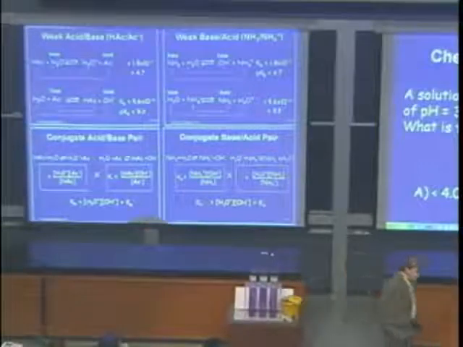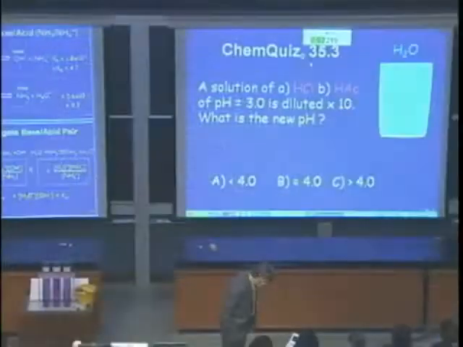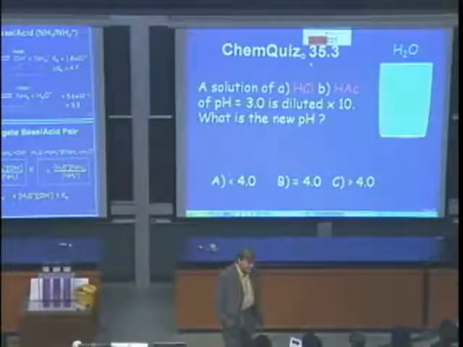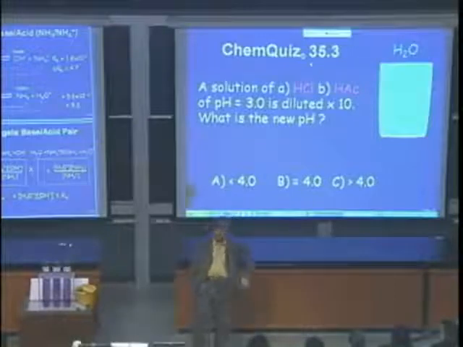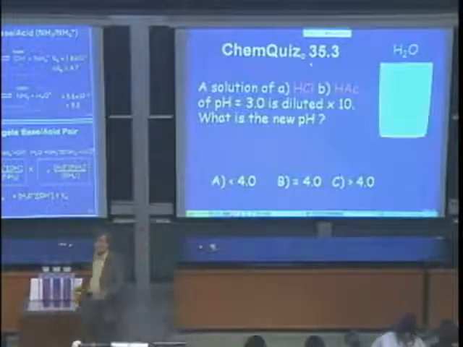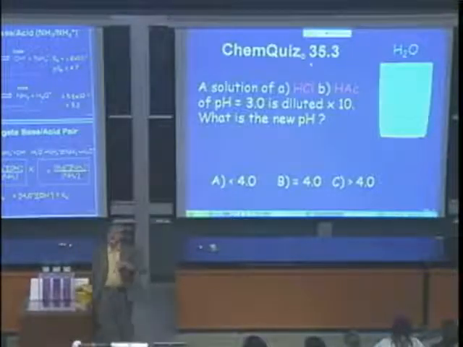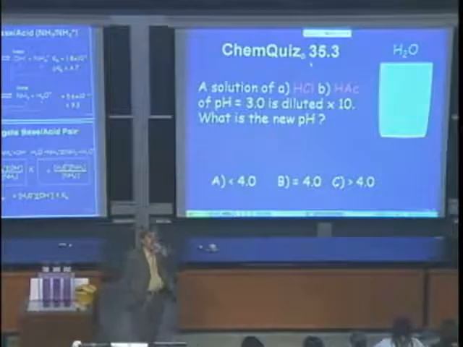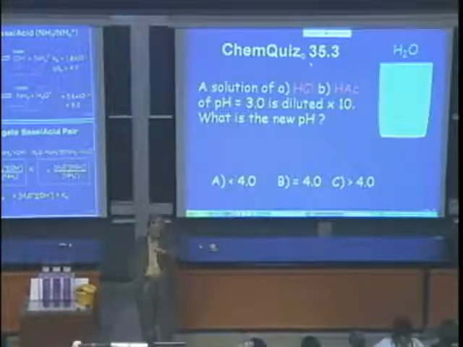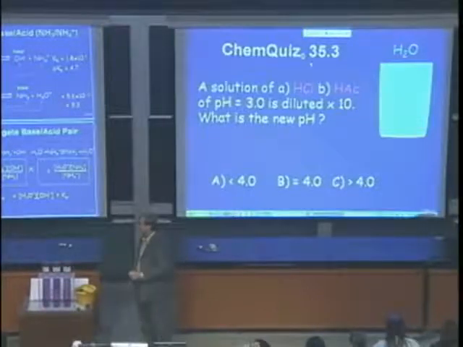Yes? How come you said that for this one, if it's a weak acid, then the pH is greater than 1? Yeah, that's a different story. I didn't add water there. So, somebody asked me, when we were talking about a 0.1 molar weak acid compared to 0.1 molar strong acid, how come that you said that the pH was greater than 1 for the weak acid?